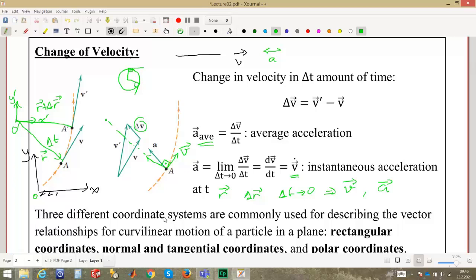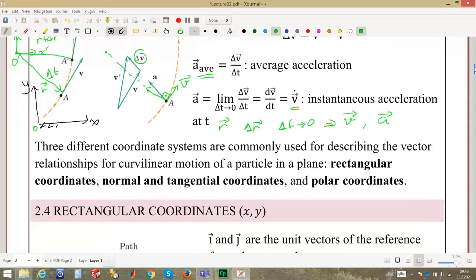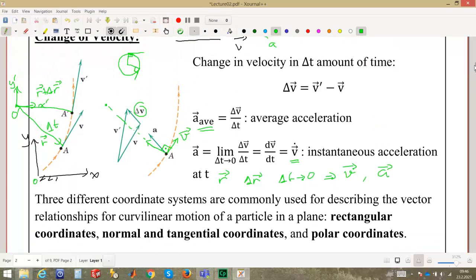But then the type of the frame can change. We can choose to use rectangular coordinates or path coordinates or polar coordinates, and that will depend on the nature of the problem. Whichever one would be easier or more intuitive for solving our problem, we're going to choose one of them.